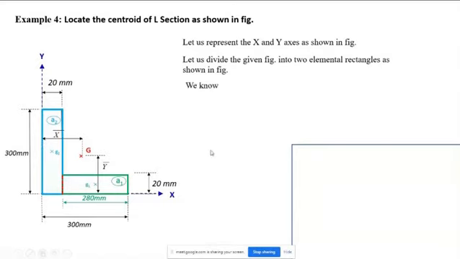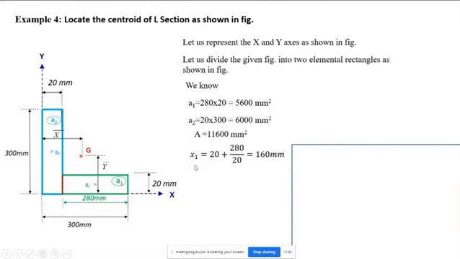Area A1 is nothing but 20 into 280. How is it 280? 300 minus 20, it is 280. A2 is equal to 20 into 300, where 20 is the thickness, and the total area will become 11,600. In order to find x bar, we need x1, x2, x3 values.